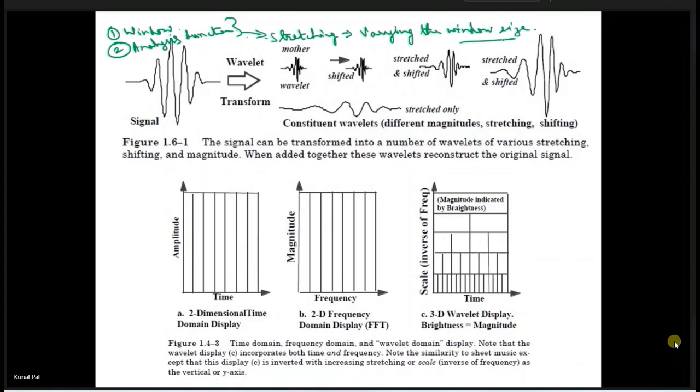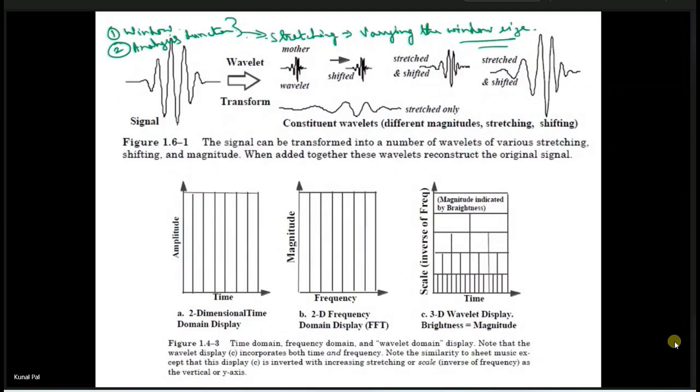In our last class we discussed that in STFT we have a rectangular window, and that window is fixed. However, over here, for the stretched signal we are analyzing the low frequency component, and due to the architecture the window has been increased, and for the high frequency analysis the window is shortened.